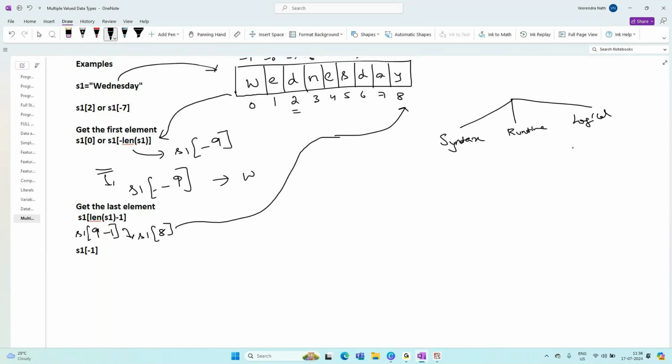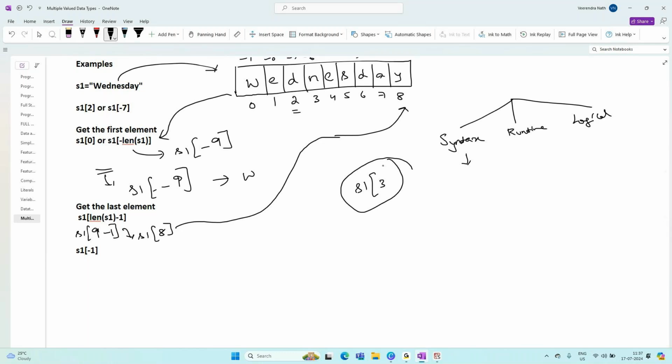What is a syntax error? It is when you don't follow the rules. For example, if I'm writing S1 of 3 and I am not closing it, I'm not following the rules.